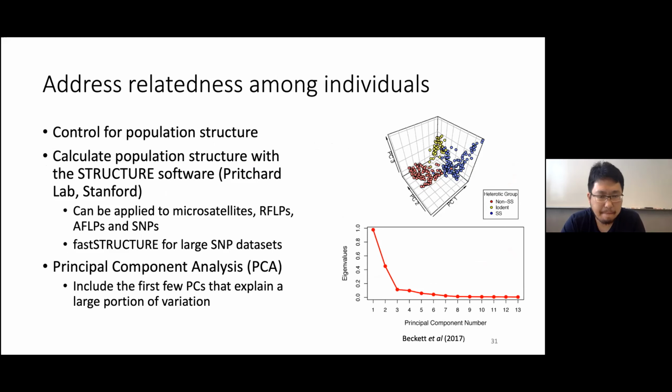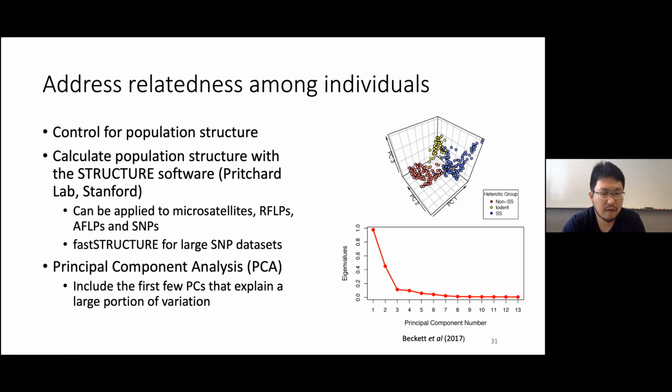In the model, people usually use two ways to control for this. One is to use the output of the STRUCTURE software. It can be applied to multiple types of markers like microsatellites, AFLPs, and SNPs. And there's also a new version of the software called fastSTRUCTURE that can deal with large SNP sets.